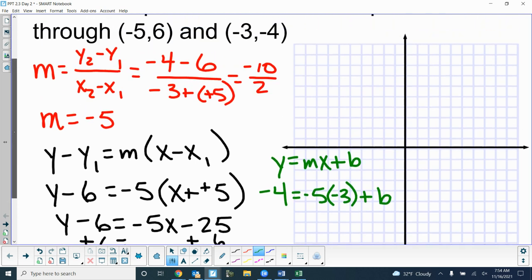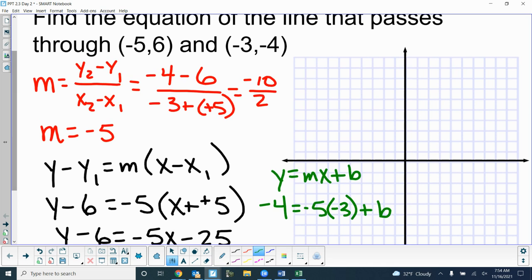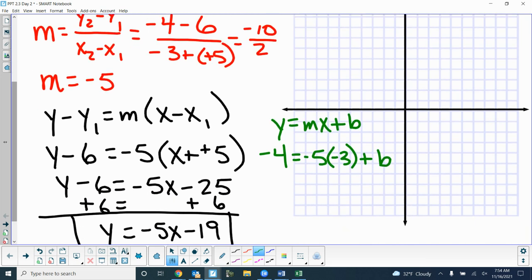So again, I just use this point. I put negative 4 in for the y, negative 3 in for the x, and the negative 5 in for the m. And then I solve for b. So I get negative 4 equals positive 15, because the negative 5 times negative 3 would be positive.